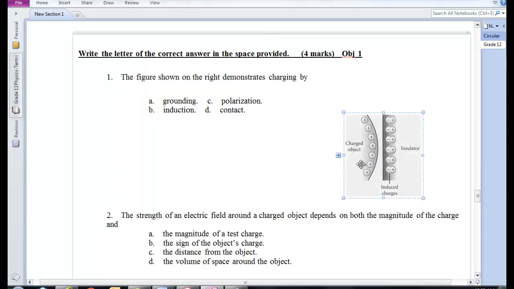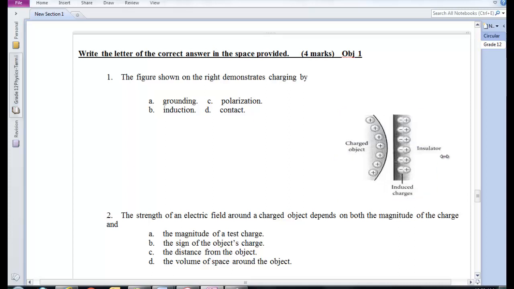If you look at this figure, you will find that there is an insulator, and here he's telling you that there are induced charges, and this is a charged object, and it is very clear that the charged object doesn't touch the insulator, which means that it's an indirect charge or rearrangement of a charge, but without direct contact, and it is for an insulator. So this is the definition of polarization.